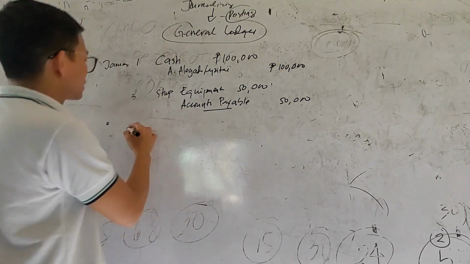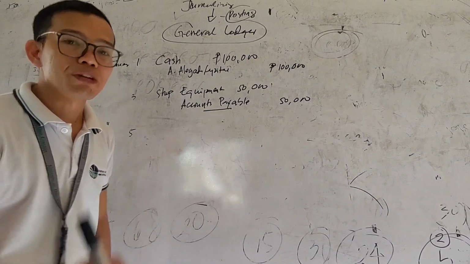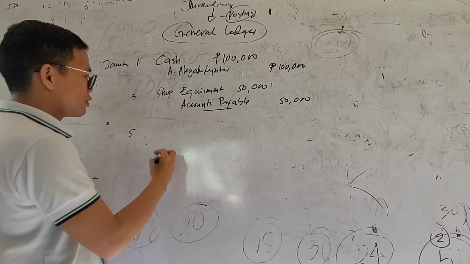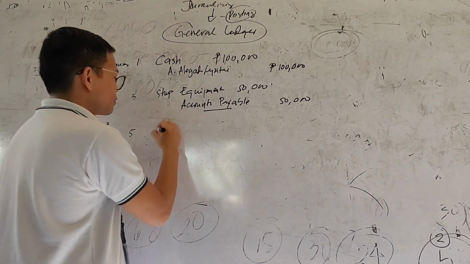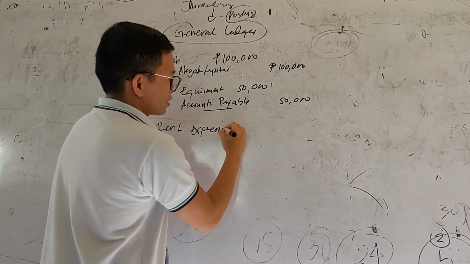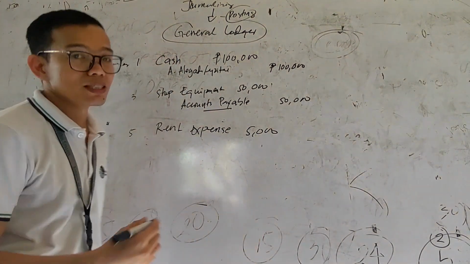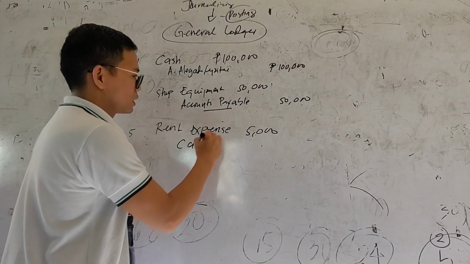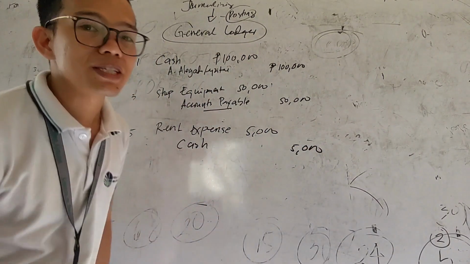And we also have the third transaction. Let's say it happened on January 5. We have an expenses transaction. We have rent expense, say 5,000, and paid in cash, say 5,000. So these are our entries.